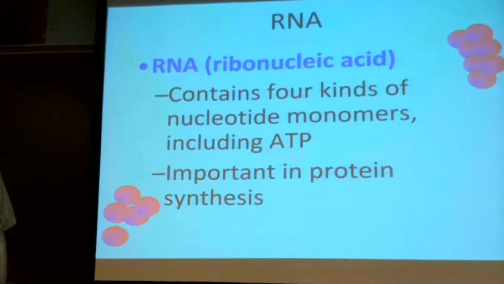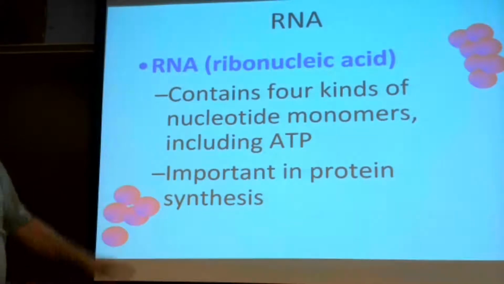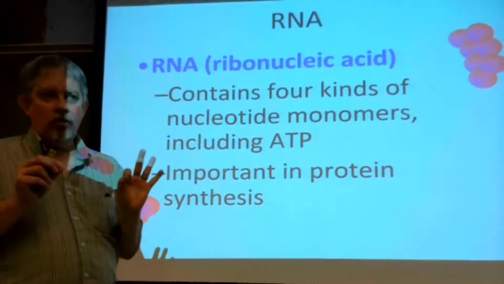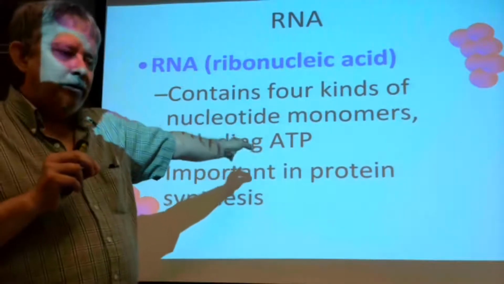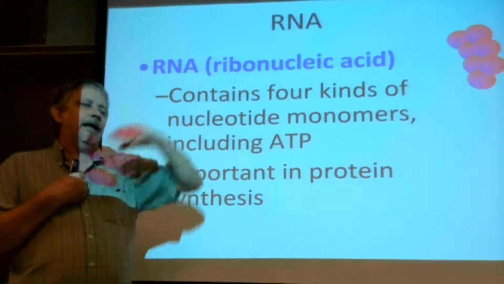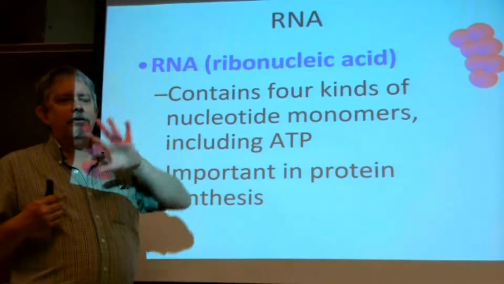So RNA contains 4 types of nucleotide monomers, including ATP. It's important in protein synthesis. Your DNA holds the codes, but your proteins are made outside of the nucleus at the ribosome. So how are you going to get that information from the DNA out to where the protein's made? Well, RNA comes inside the nucleus.